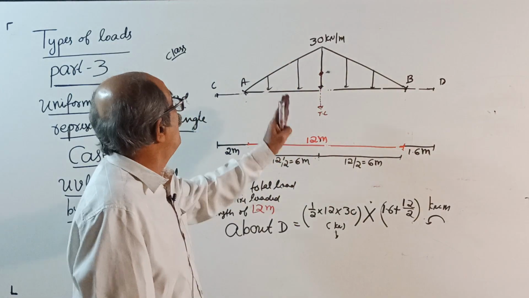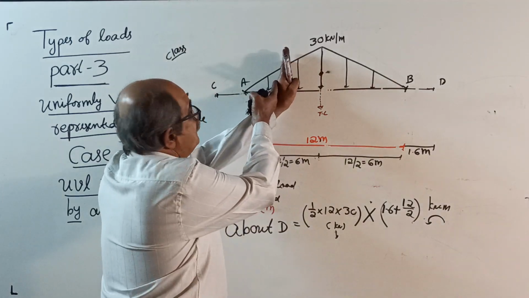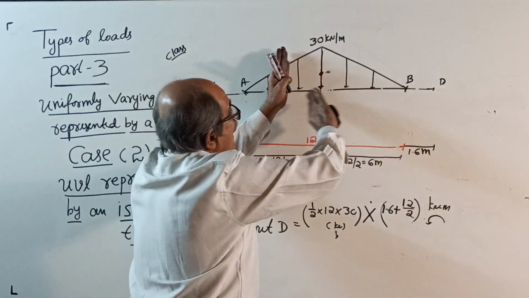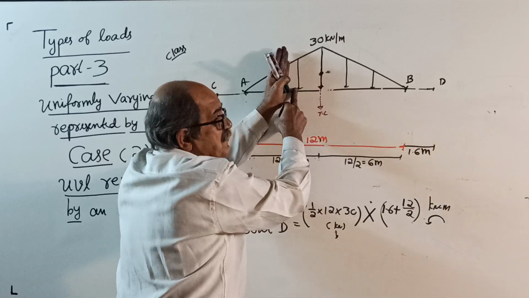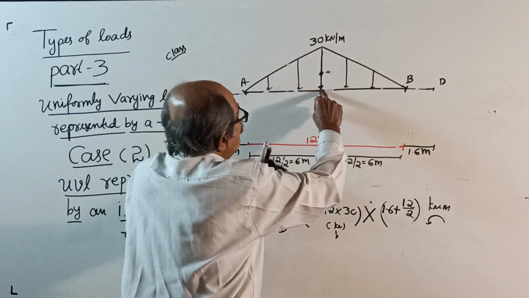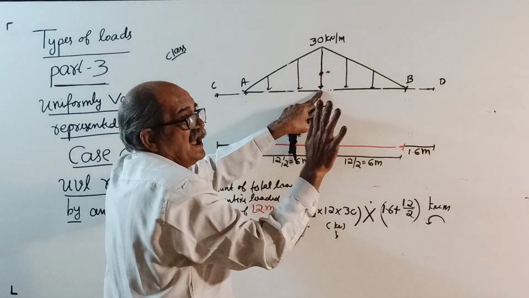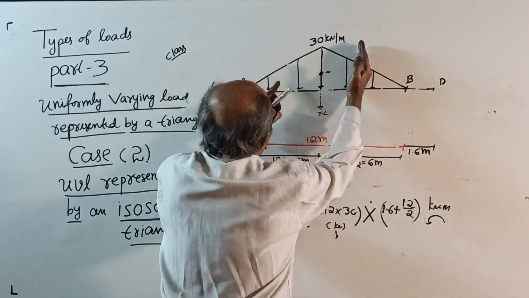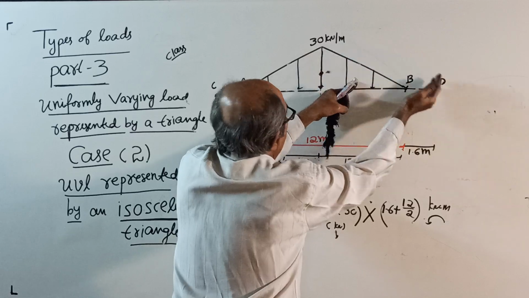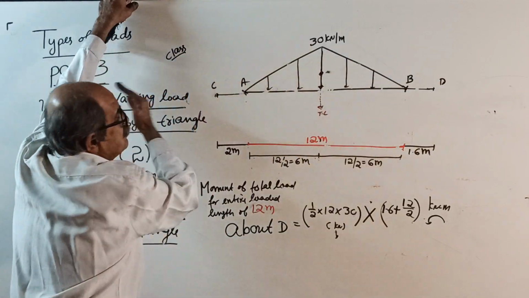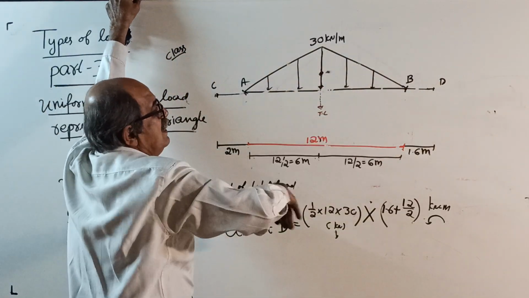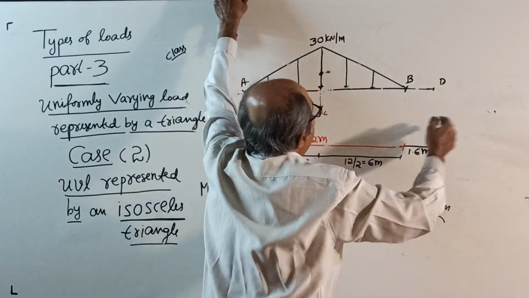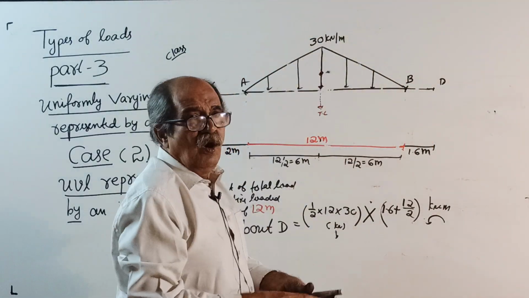See here, if you want about this point, this side triangle, that side triangle and trapezium. If you want about this point, both sides triangle. But if you want about this point, this side triangle and trapezium and triangle. But if you want anywhere outside this point, only triangle. That all I will explain.